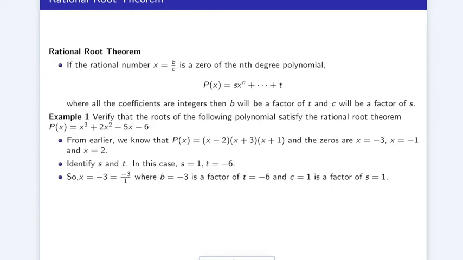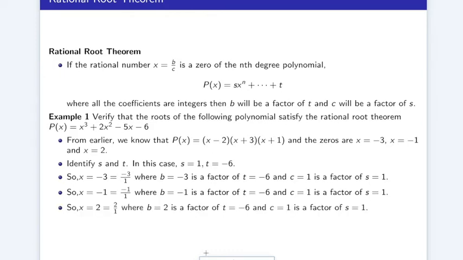We can do the same for -1 and 2 and see the same pattern. But one thing you need to notice is that b is always a factor of the constant term t, and c, at the bottom, is always a factor of s, the leading coefficient. They cannot be swapped.